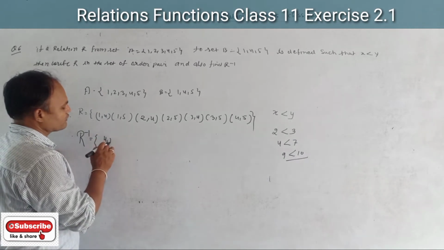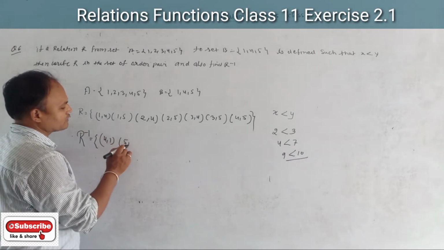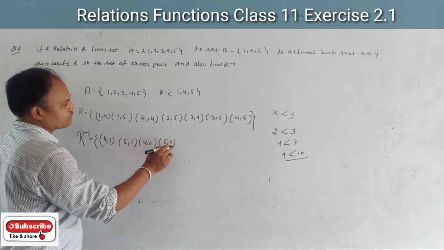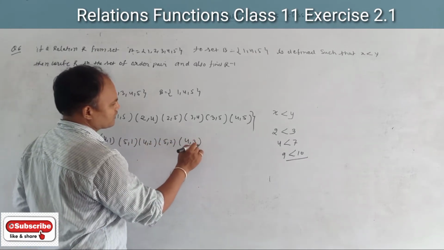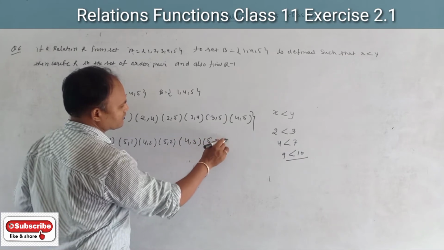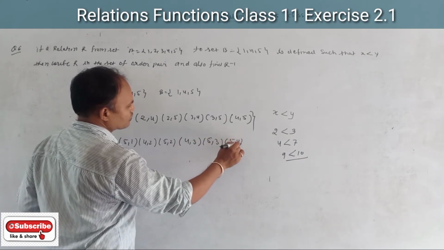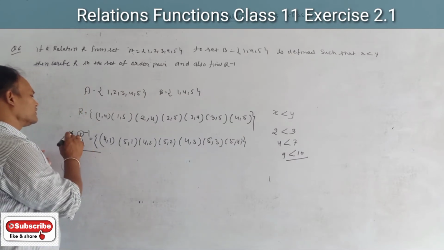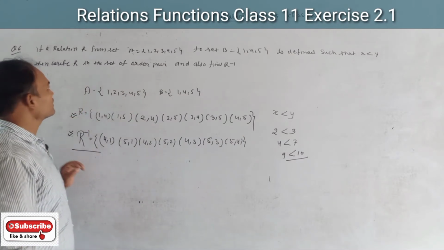So it is (4, 1), (5, 1), (4, 2), (5, 2), (4, 3), (5, 3), and (5, 4). This is your answer. This is R inverse and this is R. So we have completed this.